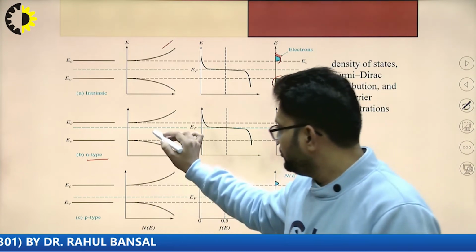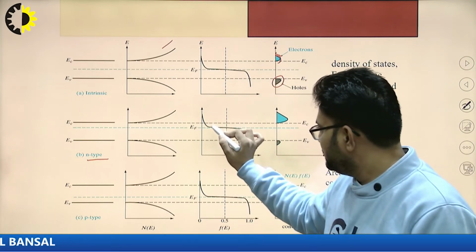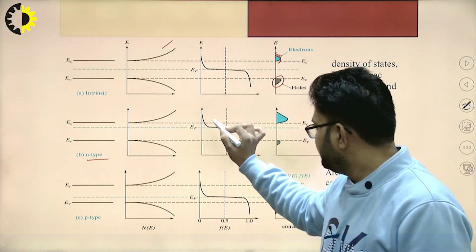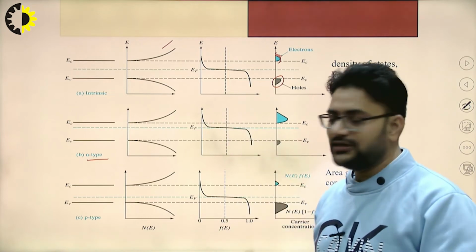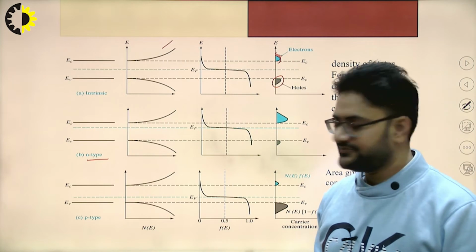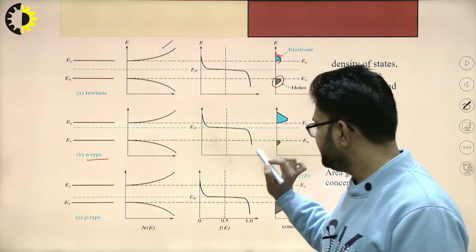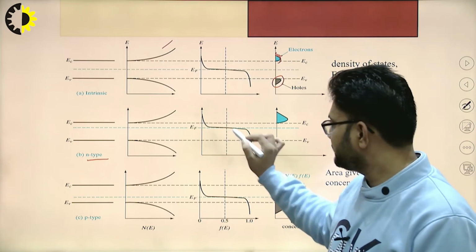The Fermi-Dirac function will be symmetrical about the Fermi energy level, as we have discussed in the previous video lecture. So as you can see, it will be like this, symmetrical about this Fermi energy level.